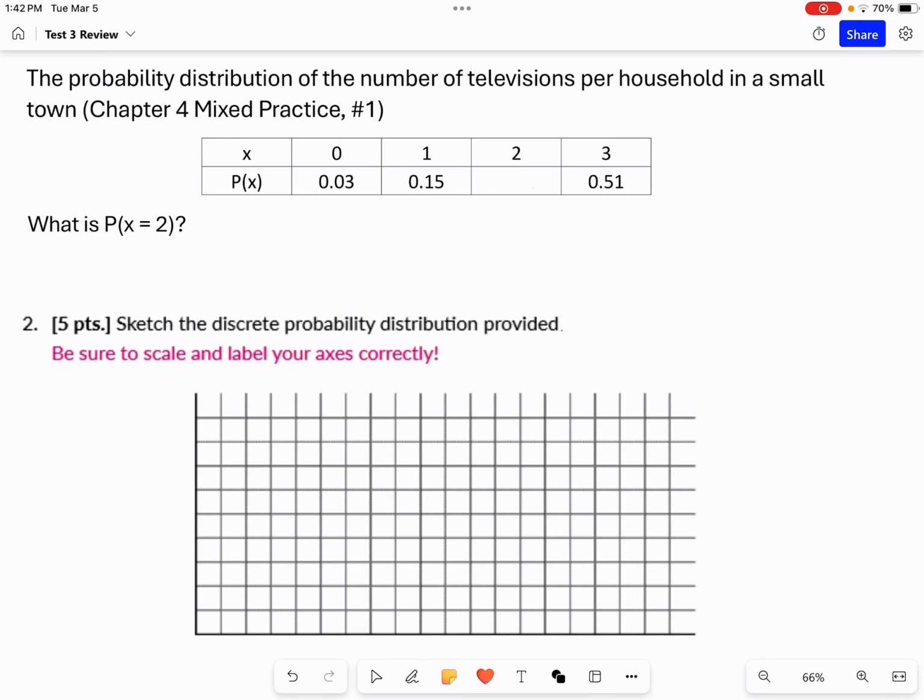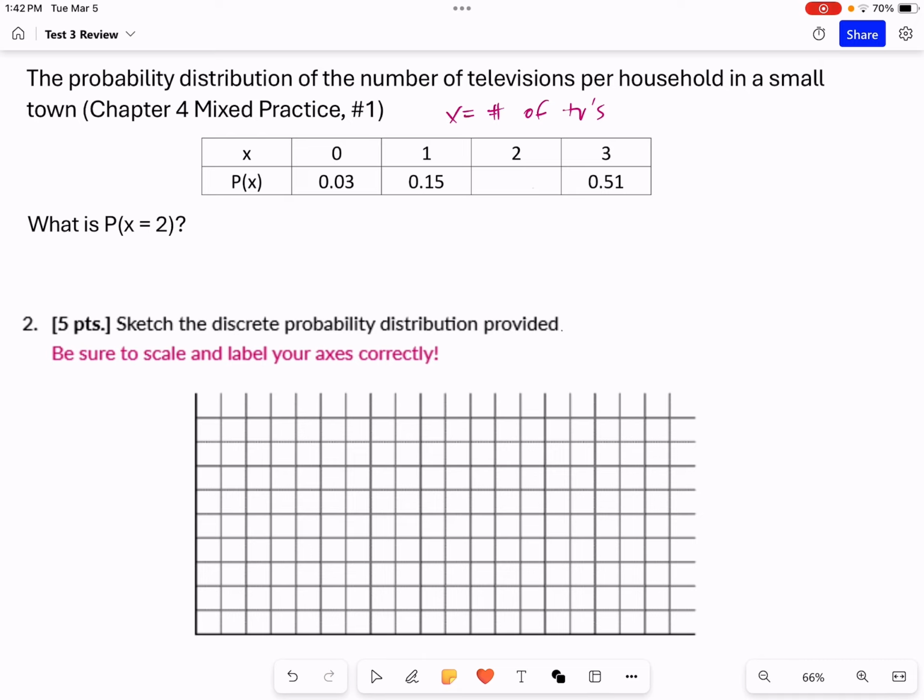So in this case, we have that x is equal to the number of televisions per household in a small town. And it looks like some people have none, some have one. There's another percentage or proportion that we're not sure of just yet that have two. And then a majority, because it's more than half, have three.